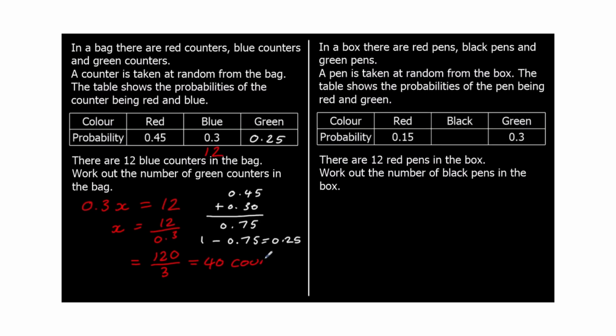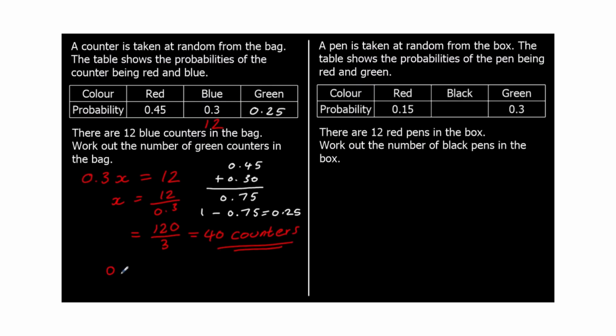So there are 40 counters in total. How many green counters are there? So 0.25, 25%, or a quarter, that's easier, are green. So 0.25 times 40 is 10. So there are 10 green counters.